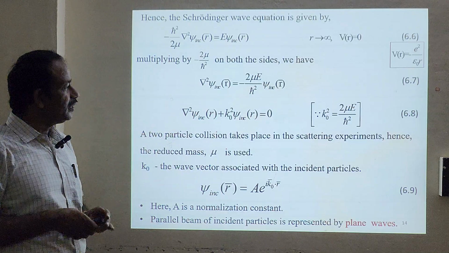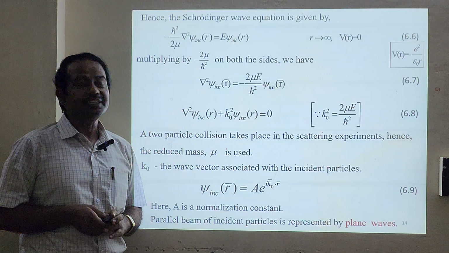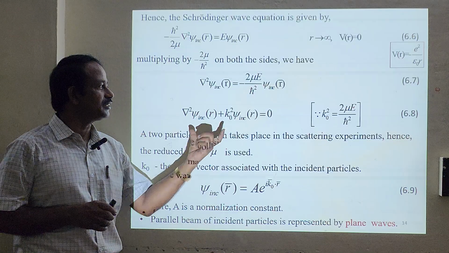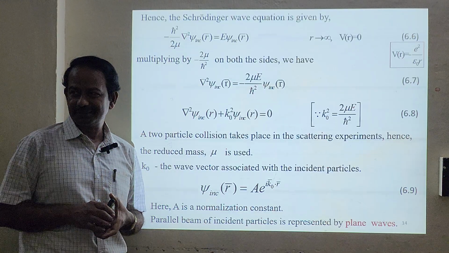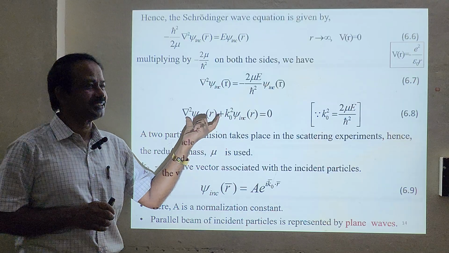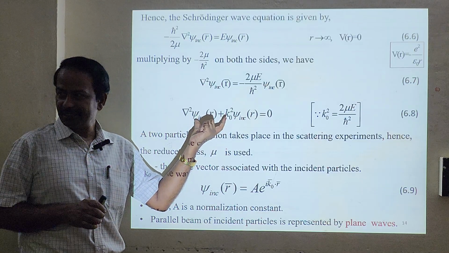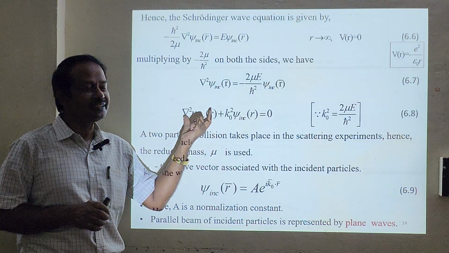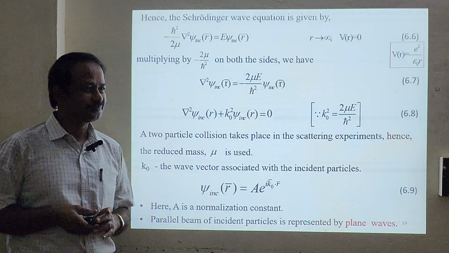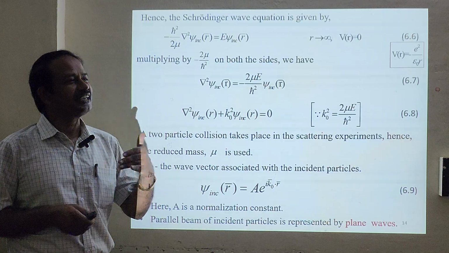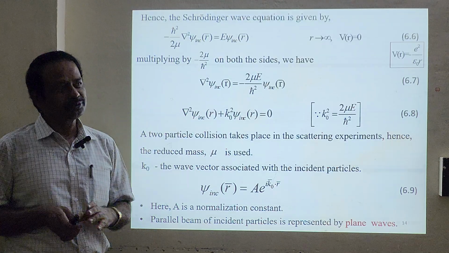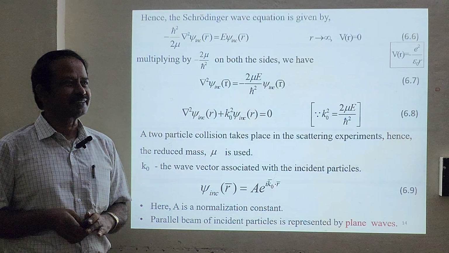Is it okay? This equation we have already seen in mathematical physics. Can you remember this expression? This is known as the Helmholtz equation, for which the solution is the Green's function. We are going to use the Green's function maybe later, in the next class.